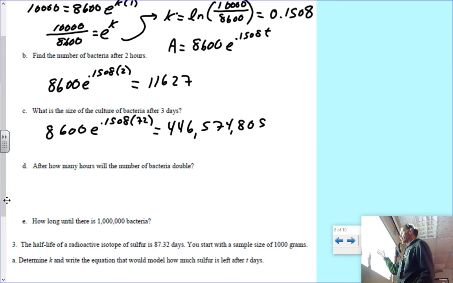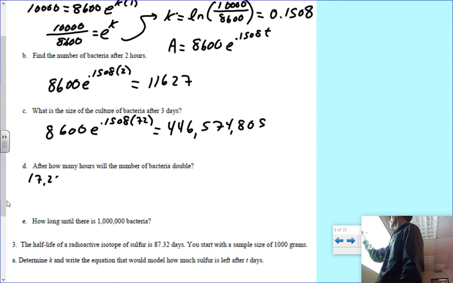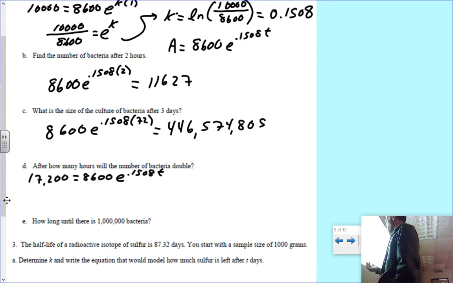And then for part D and E, again, those are solving questions. So how many hours will it take to double? So to do 8,600 times 2, that's 17,200. And again, same thing that we've been doing since Thursday, since a couple days ago. Divide by 8,600. We know that's going to be 2 because it's double that.